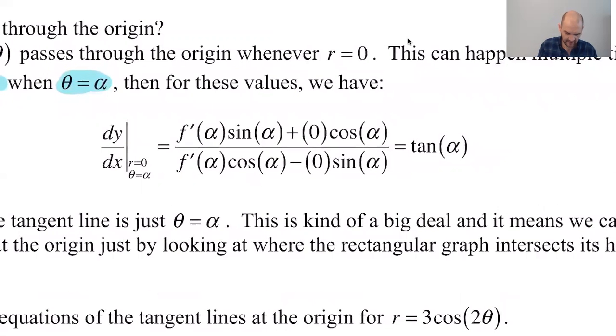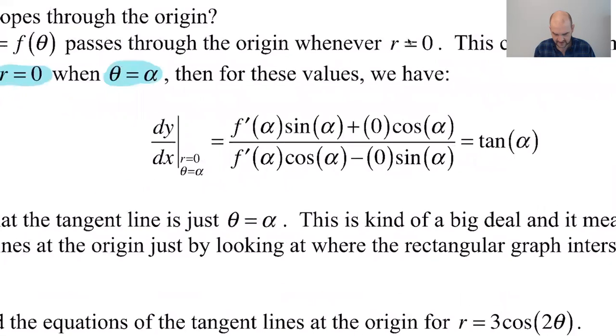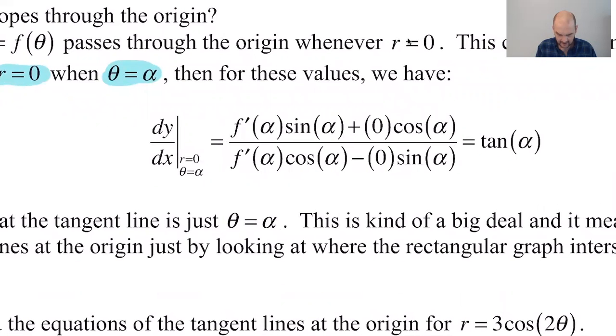Take a look at what happens to dy dx when r is equal to 0. R equals 0 means that f of theta is 0. I don't know why I wrote it as r equals 0; it would have been clearer if I had not. It's the same as f of alpha equals 0.